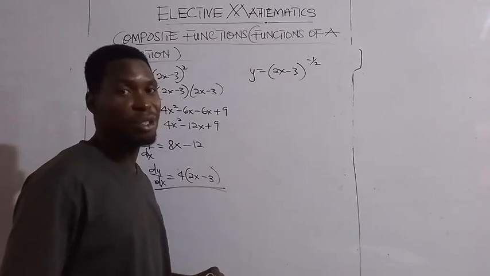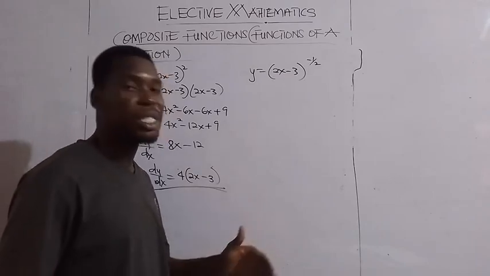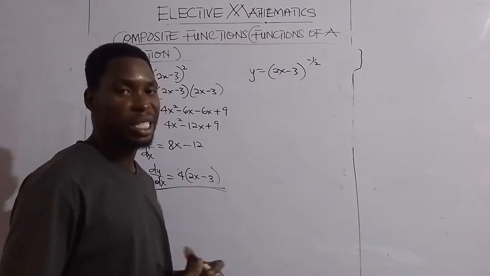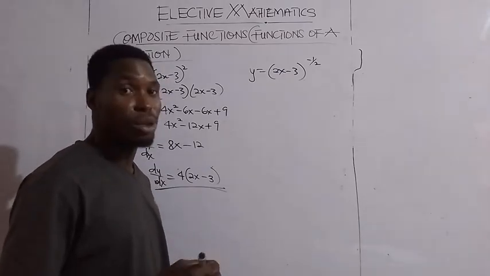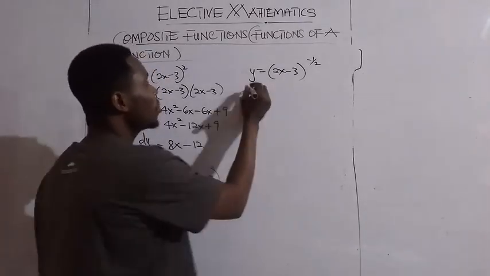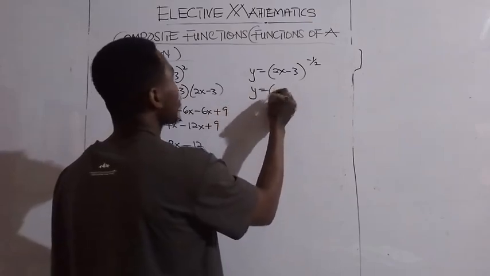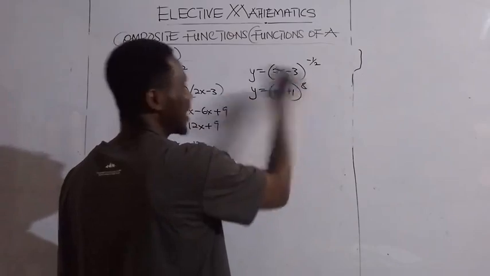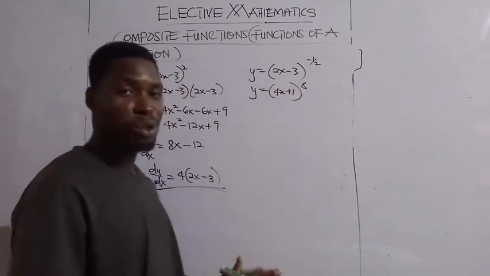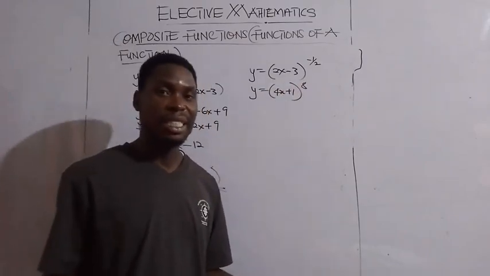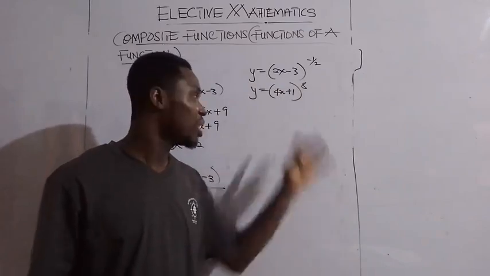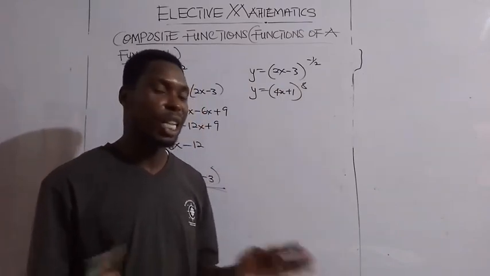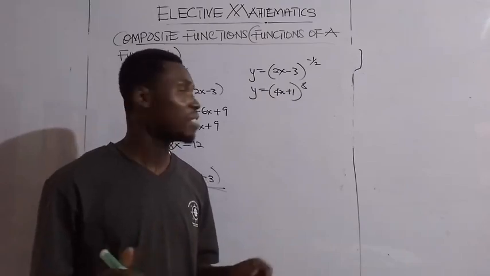It will be very difficult for you to do. Without using the appropriate method, you will be fumbling. Or if we have something like this, y is equal to maybe (4x plus 1) to power 8. What are you going to do? Will you continue to expand?